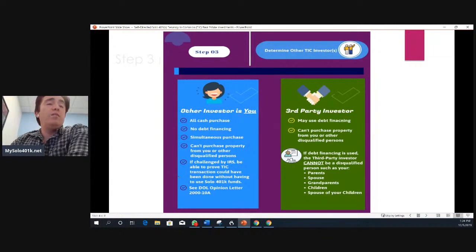In that situation, you're actually going to have multiple parties listed on the title. One is going to be the solo 401k trust, and the other is going to be you personally. So it could be John Smith personally, and then the JS Investment Trust.